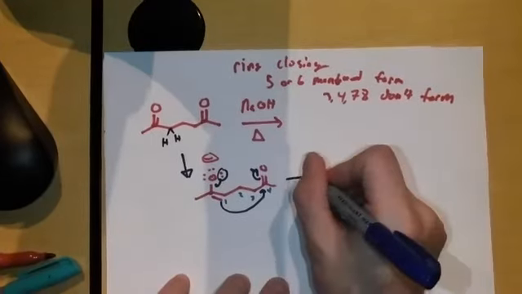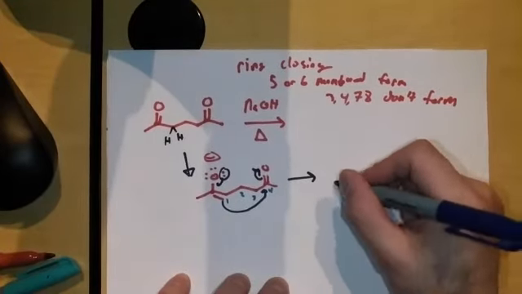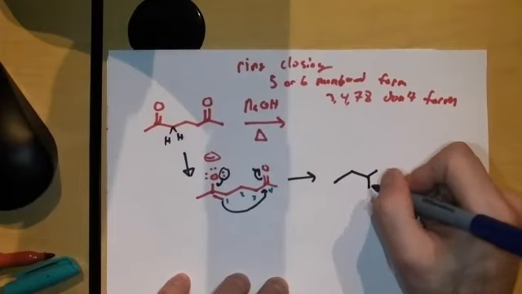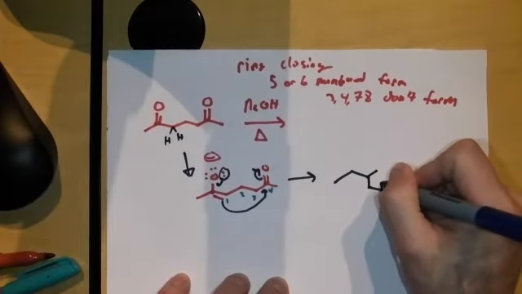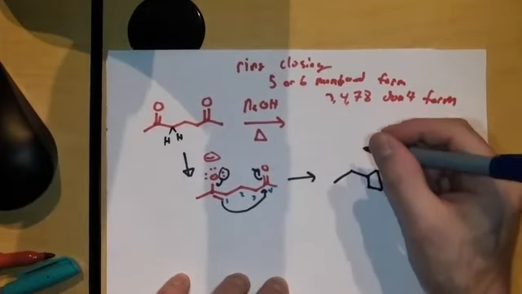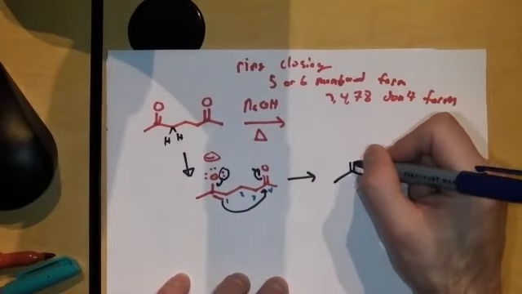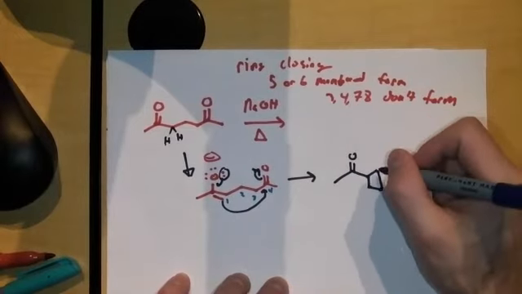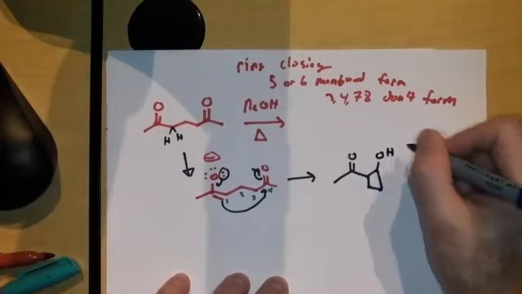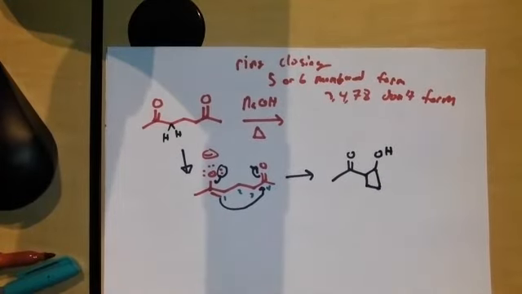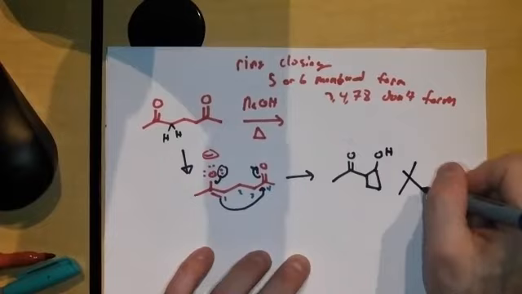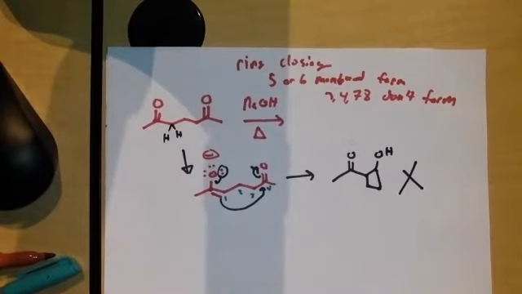So if we were to draw this out, this would give us, I'm going to pick up that H, this. So it's a four-membered ring, which is most likely not going to happen. They're just too hindered to actually form.